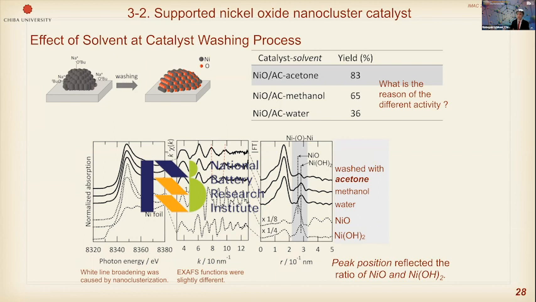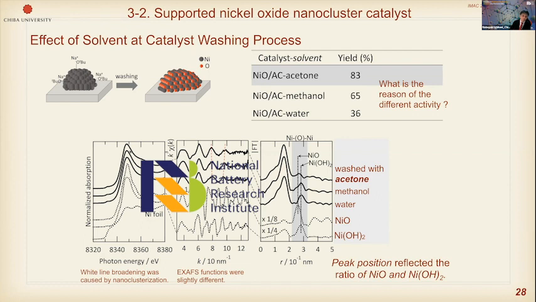How do these differences come about? So we checked the XAS for these solvent change cases. We carefully checked this point. In this case, peak position and white line broadening were observed.